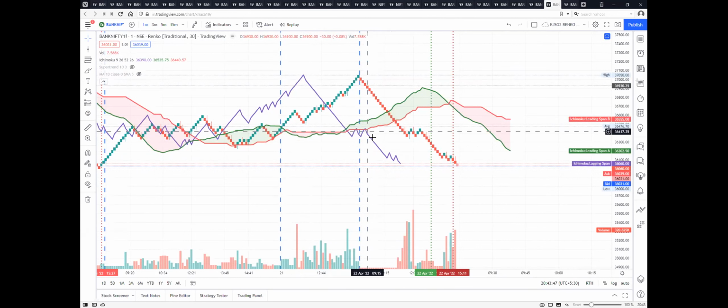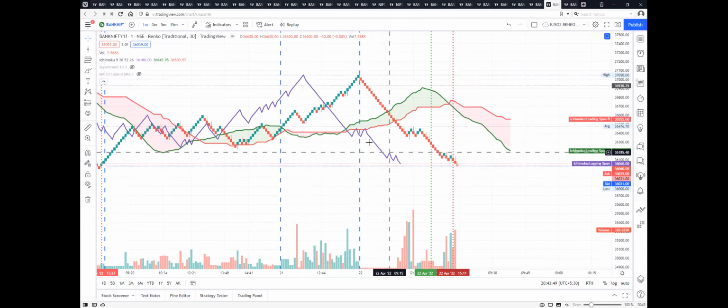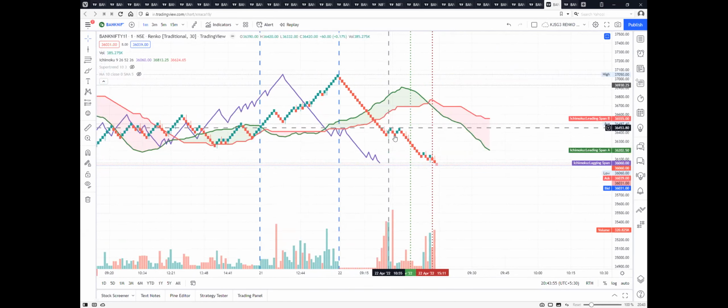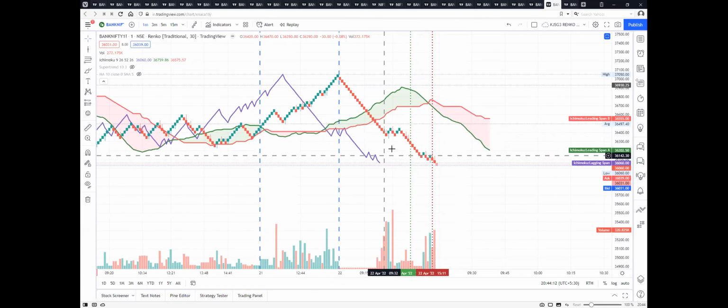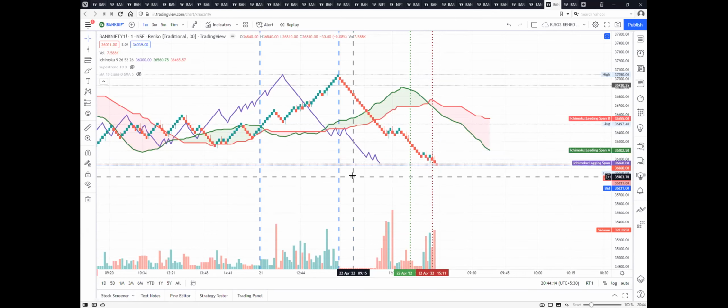So it was showing the downward momentum, a downtrend only. And you can see how it performed. Because of the brick size 30, the price was not moving from here at all. We kept the brick size at 30 to filter out most of the noise. And you can see the movement, how it happened.